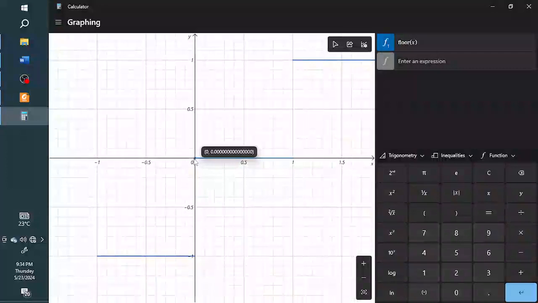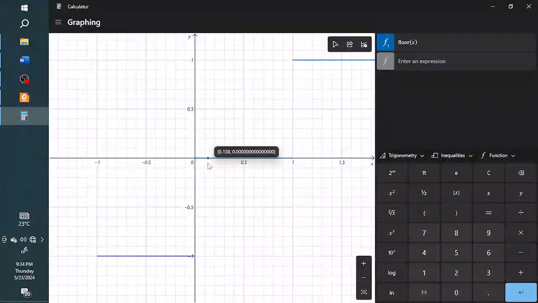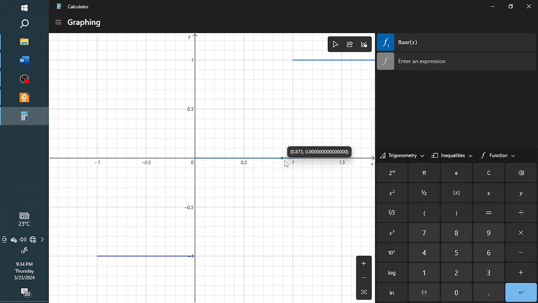Let's begin with positive numbers. The greatest integer of 0.5, for example, is 0, right? Because 0 is the biggest integer that is less than 0.5. So for any number between 0 and 1, where 1 is excluded, the greatest integer of that number will be 0, because 0 is the biggest integer that is less than that number.